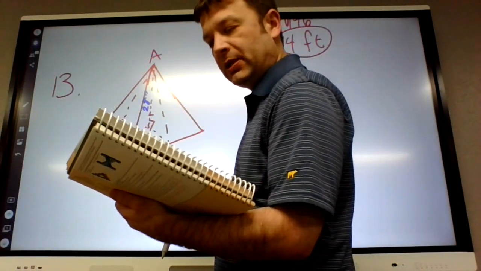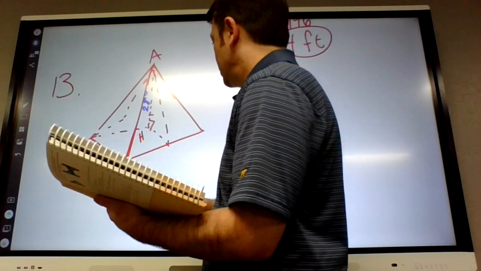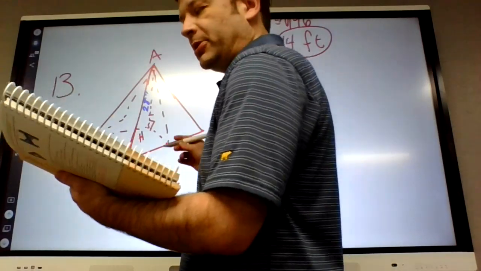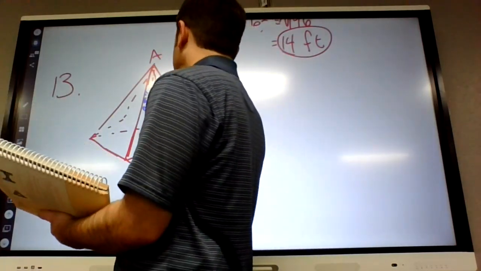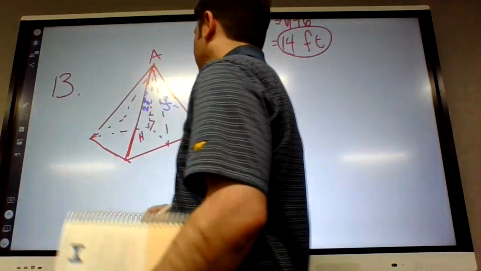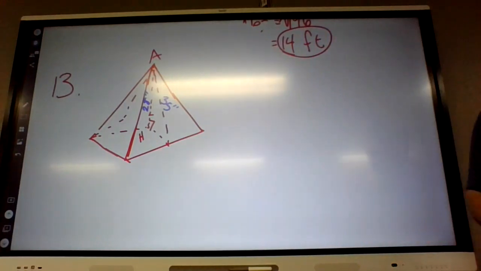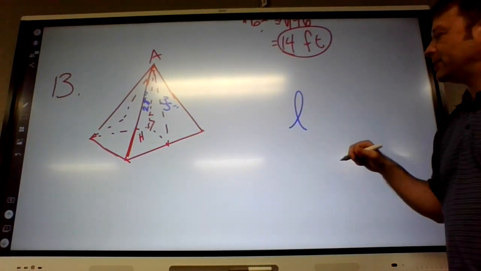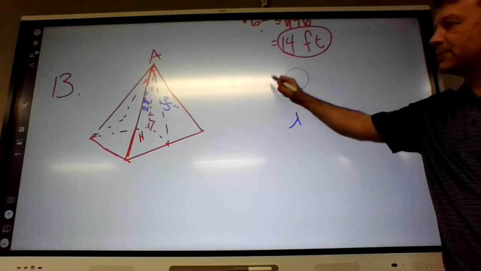And AG, what is AG in the picture? It's the what of the pyramid? Slant height. Yeah, you guys remember slant height? That slant height was used in the surface area formula. Remember the book used an L for the slant height.